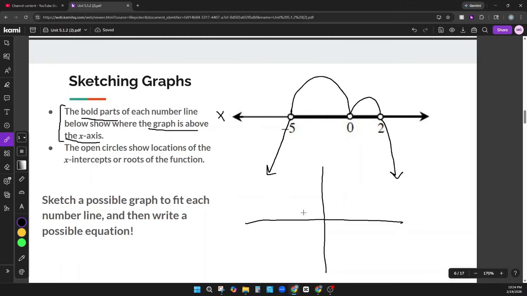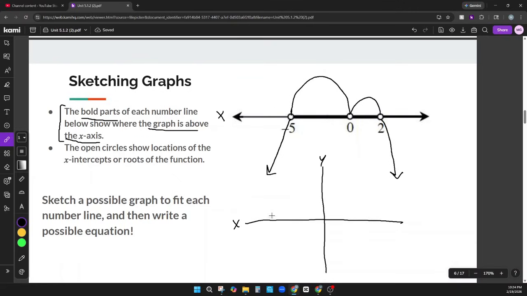So as soon as you feel ready, you feel confident to tackle this particular kind of problem, then we're going to take it from just this number line, just our x-axis, and take it to our coordinate plane that has both our x-axis and y-axis. So we're going to be taking a lot of information from our x-axis, that being our x-intercepts.